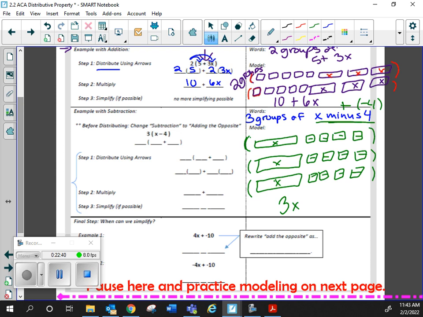I could say plus, in parentheses, negative 12, or I like it better because it's more simplified, 3x minus 12. What's another way of saying plus negative 12? Minus 12. I like the version of 3x minus 12 even better.